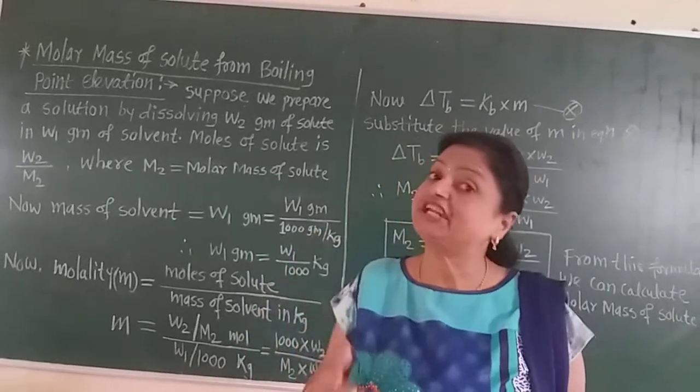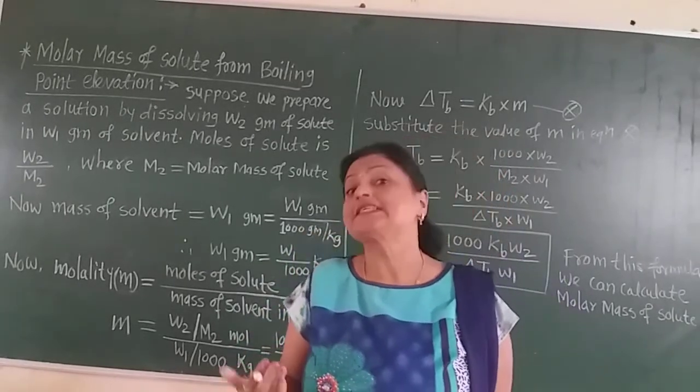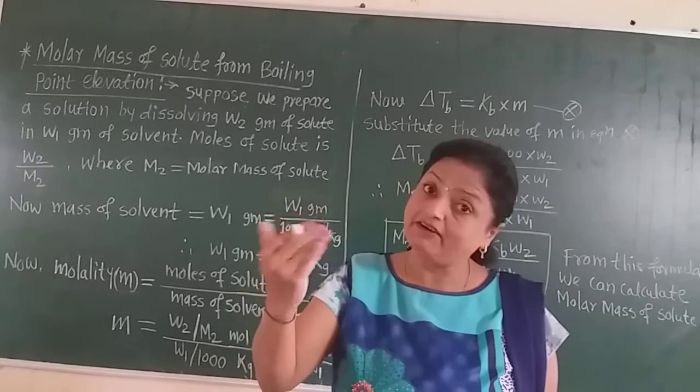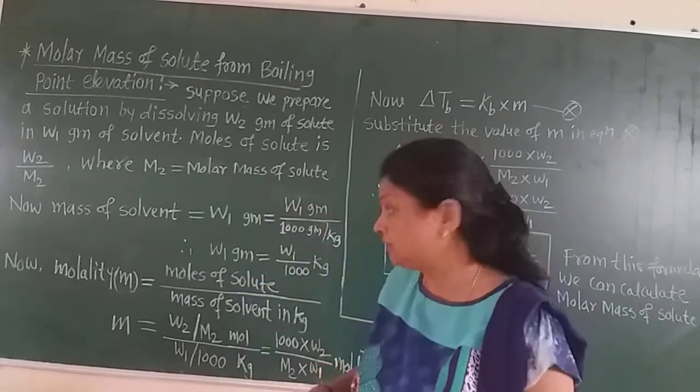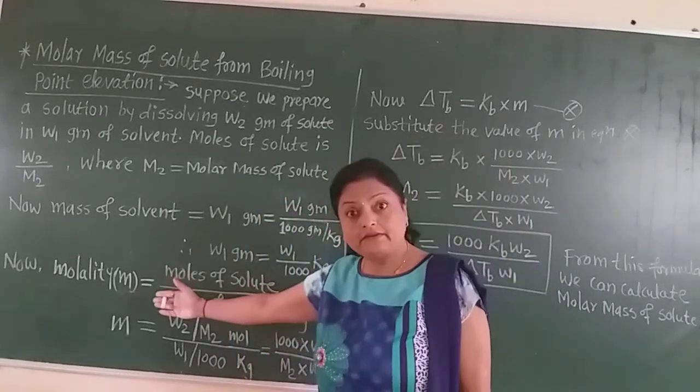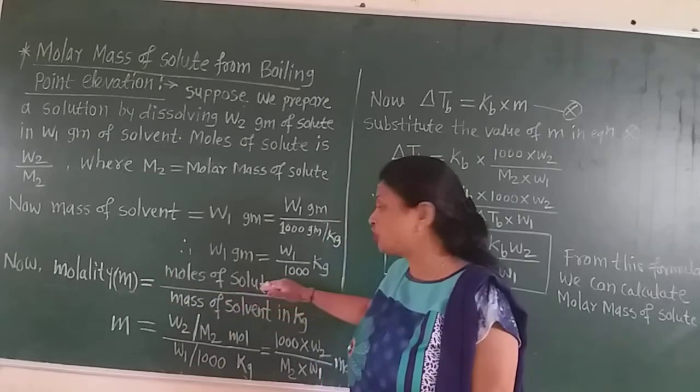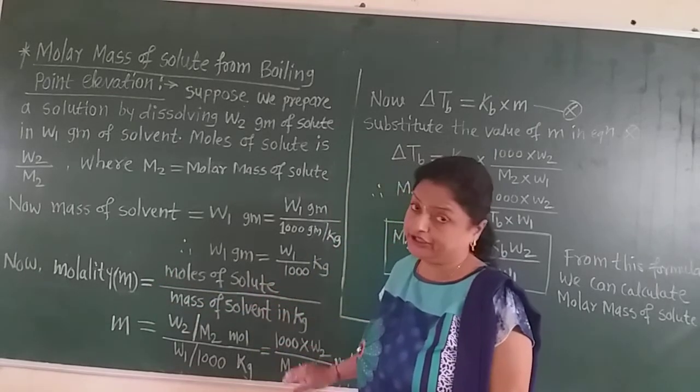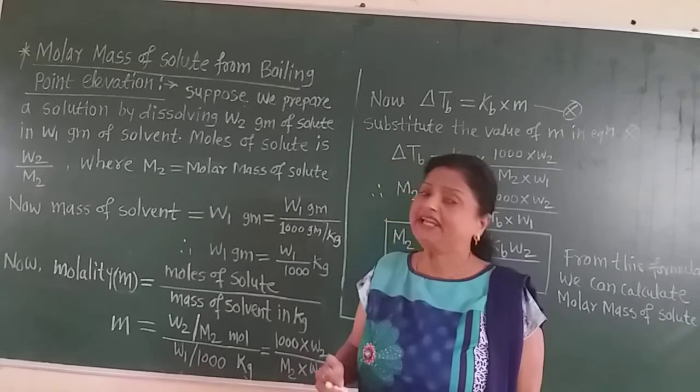But molarity is temperature dependent because its formula is number of moles divided by volume of the solution. The formula of molality is moles of solute divided by mass of solvent in kilogram, so it is temperature independent.